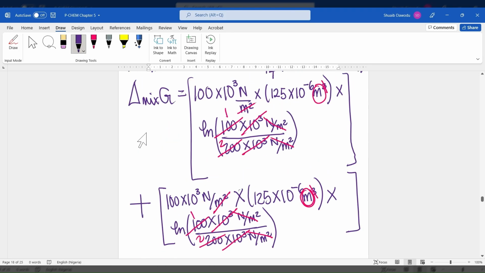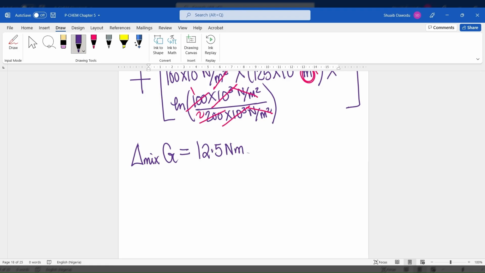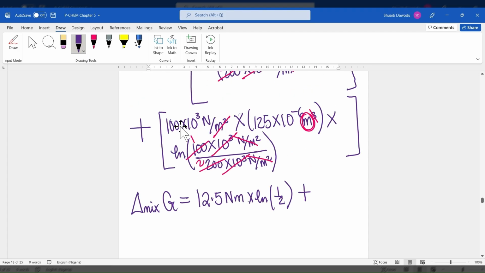And then let's not forget our ln 1 over 2, so multiply by ln 1 over 2. Plus the same exact situation here: 100 times 10 to the power of 3 multiplied by 125 times 10 to the power of negative 6 gives 12.5. Let's not forget our units, Newton meter, multiplied by ln 1 over 2.